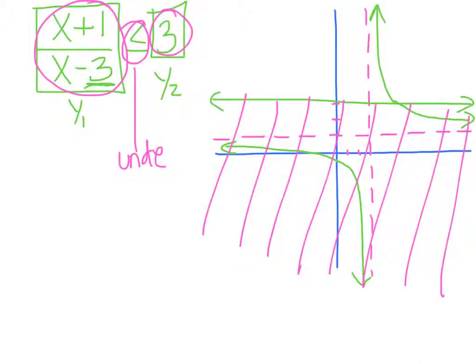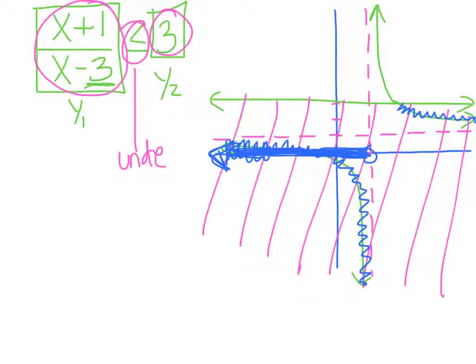If I shade the part of the graph that goes with it, all of this and all of this, that corresponds to all x values here, all the way up to the asymptote, but not including the asymptote. So that's going to be x is less than 3. But it also includes these x values from here on out, and that goes on to infinity.